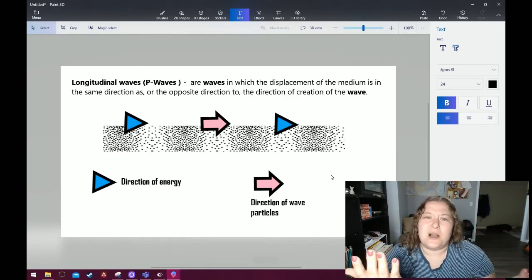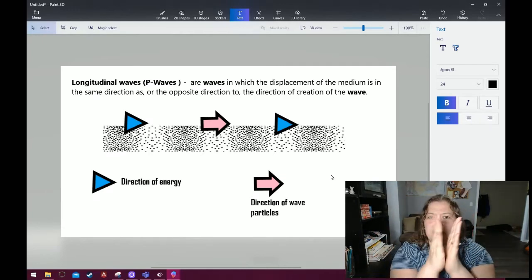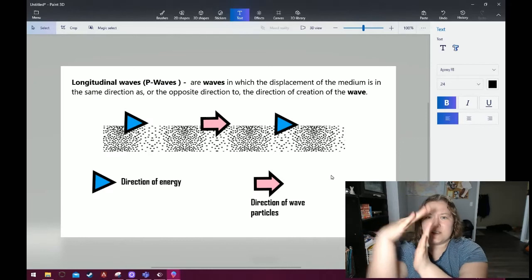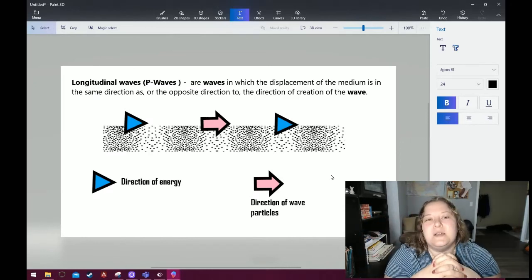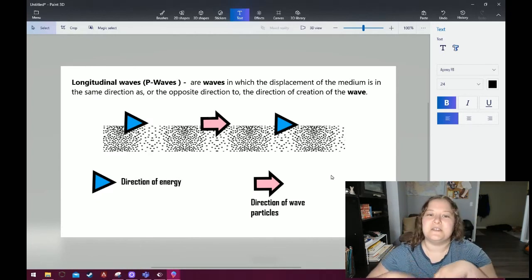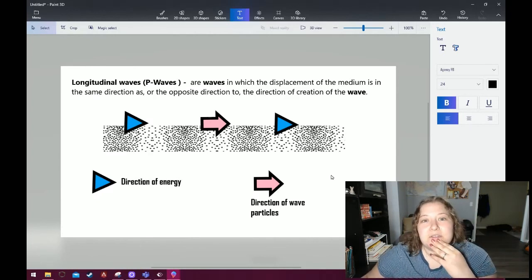There's more complicated waves. There's waves that actually move like this. It's called the Love wave, and it moves like this. But if you really want to know more about the other types of waves that I didn't include in here, you can always Google types of mechanical waves, and it'll give you all the different types. So that's all for today.